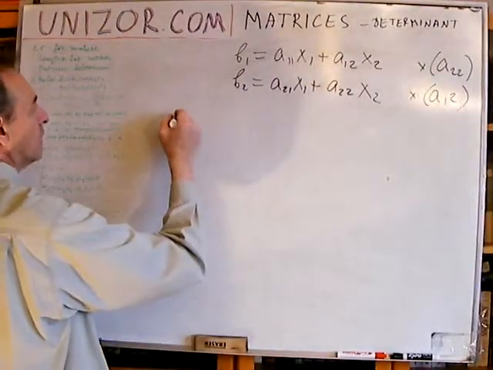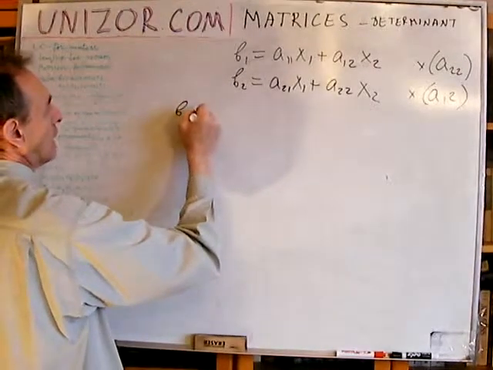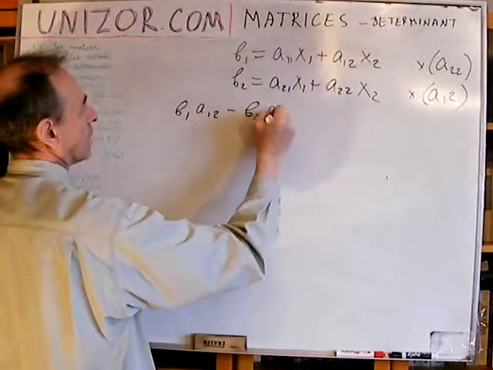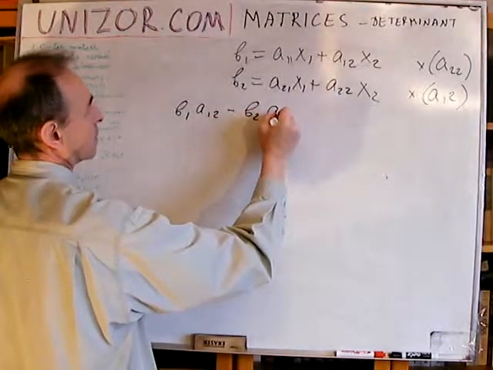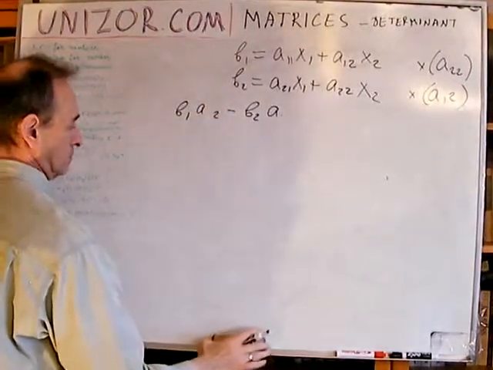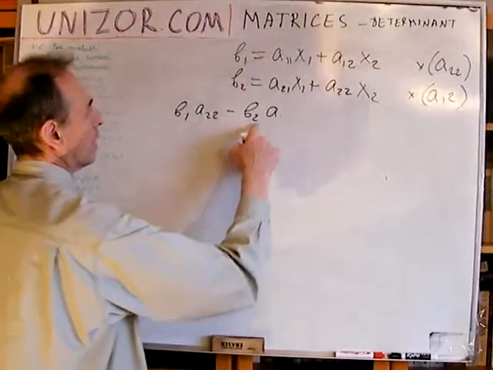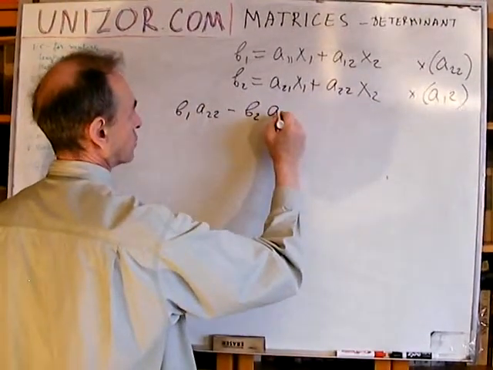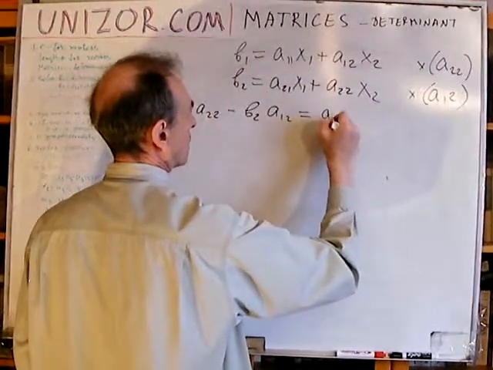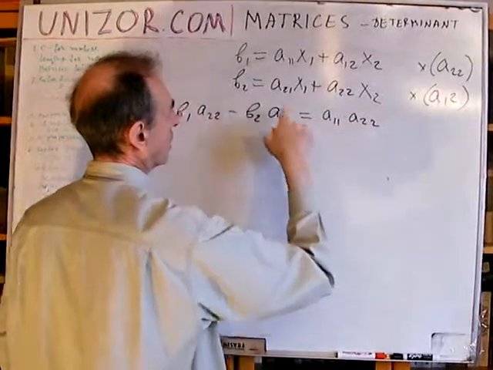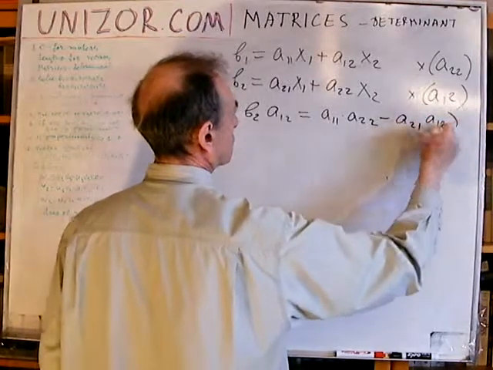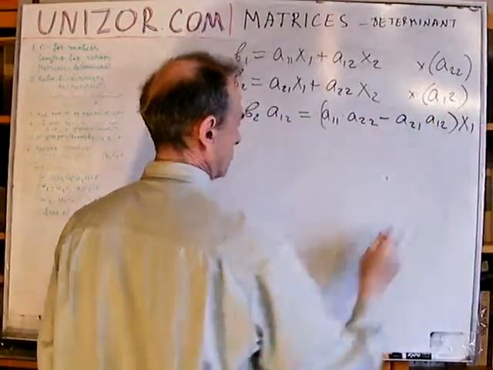So what I will have is b1 a22, I'm sorry, b1 a22 minus b2 a12 equals (a11 a22 minus a21 a12) x1, right?